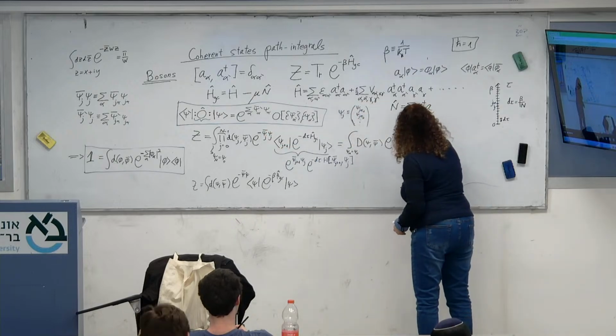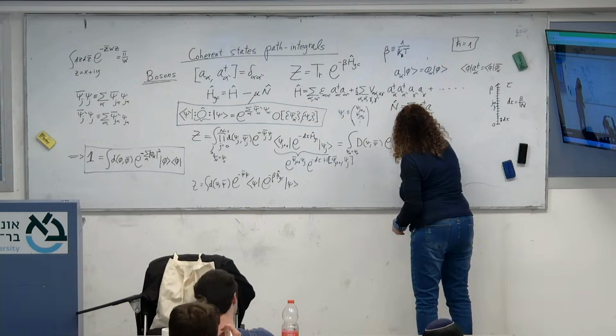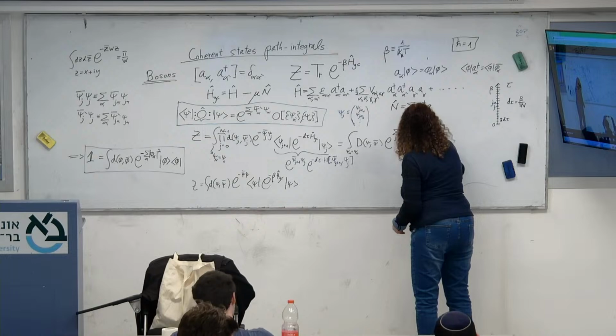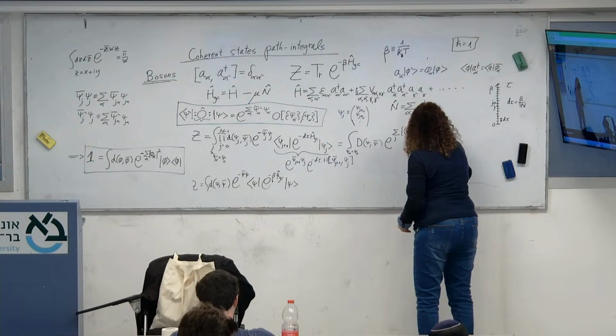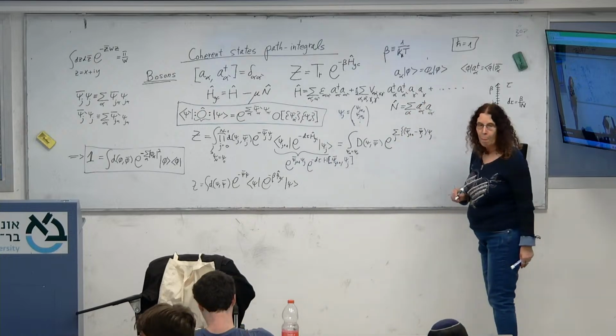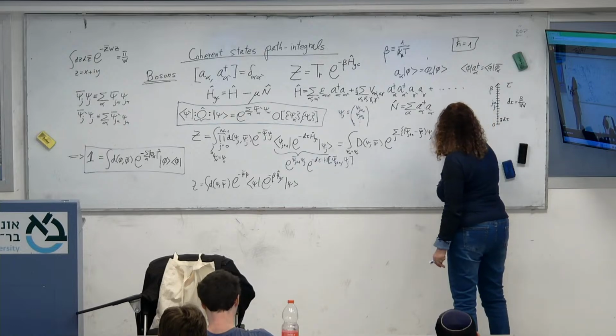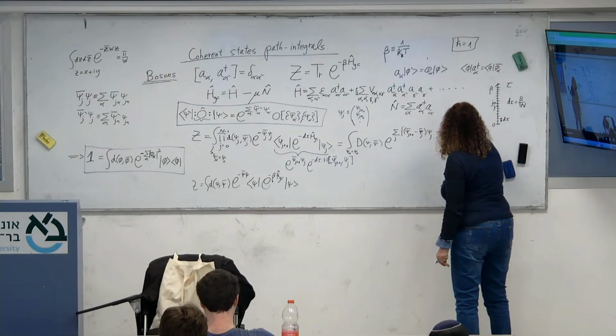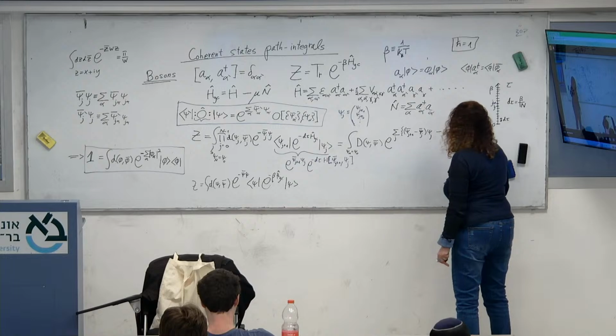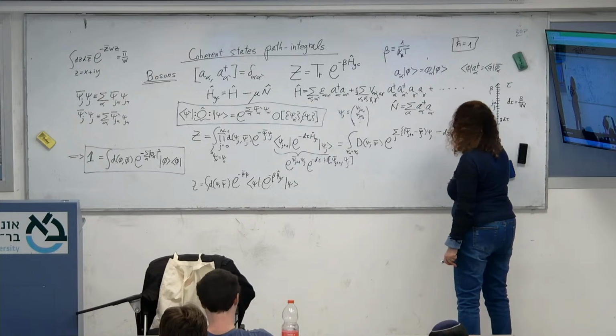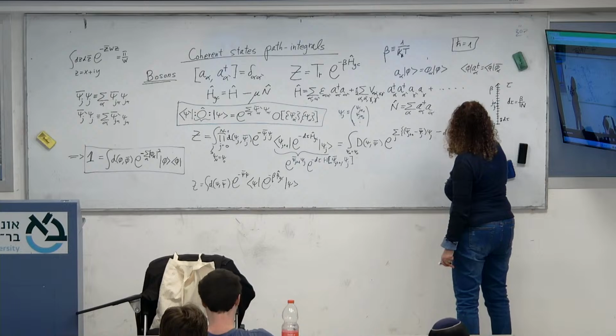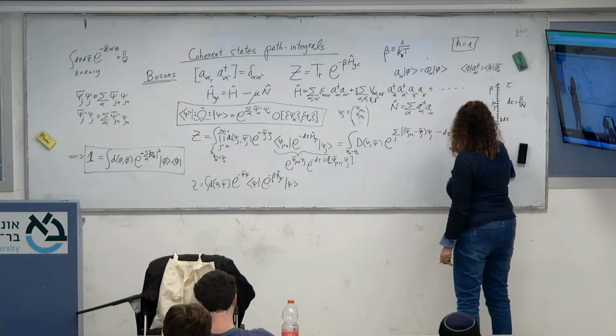So altogether it is psi j plus 1 bar minus psi j bar, multiplied by psi j, minus d tau of h of some functional of psi j plus 1 bar and psi j.